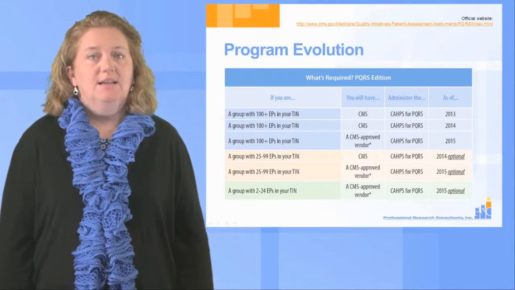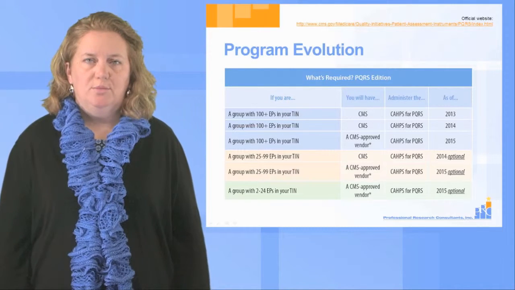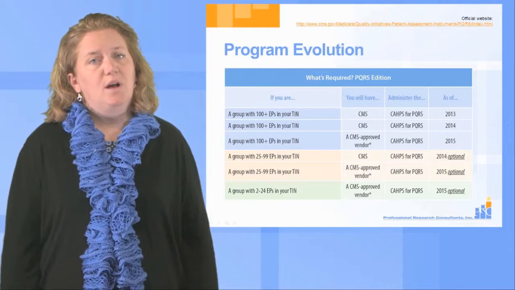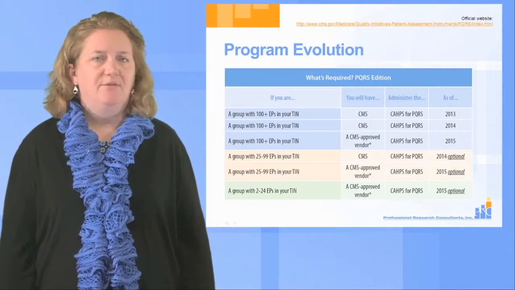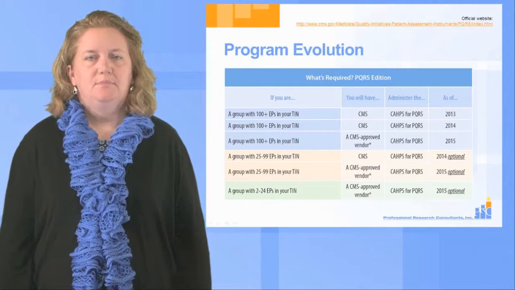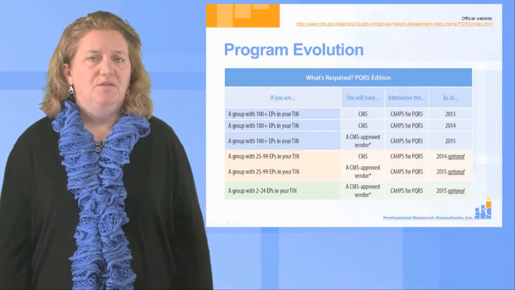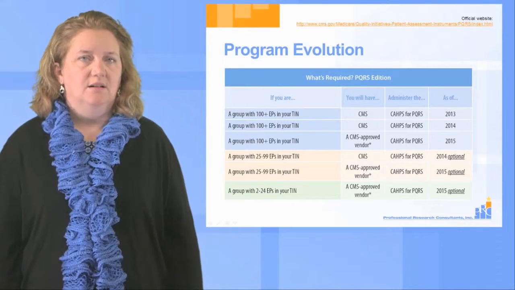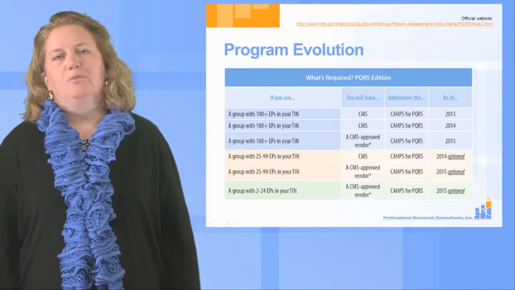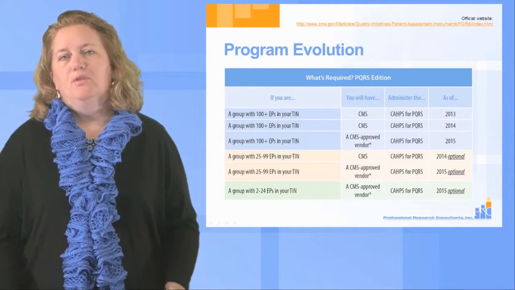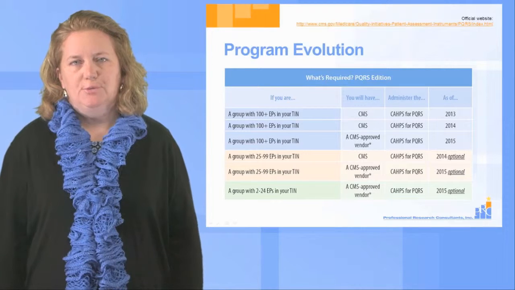Yes, this year, CMS has contracted with the RAND Corporation to administer the CAHPS for PQRS survey, and groups of 100 or more eligible professionals won't have to do anything or pay anything to make this happen. We expect that for 2015, CMS will turn this work over to the survey vendors, like PRC. They will establish a vendor approval process, and groups will need to contract with and pay an approved vendor to do the surveys for them next year.